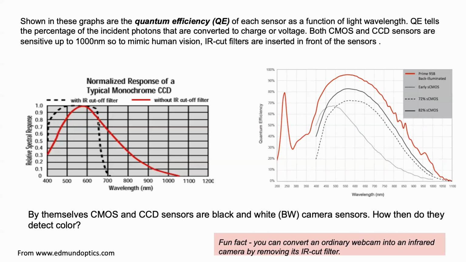So usually it's just the visible light that is let through by the IR cutoff filter. There are many other sensors available, and these are some of the different spectral sensitivities. Essentially, when you take an image with just this sensor, the same CMOS or CCD, it's just a black and white image.